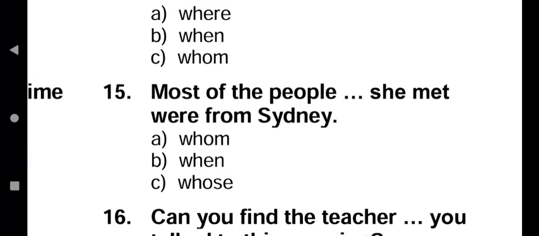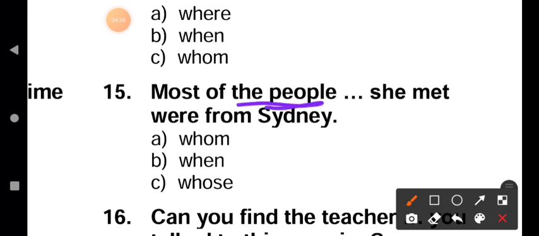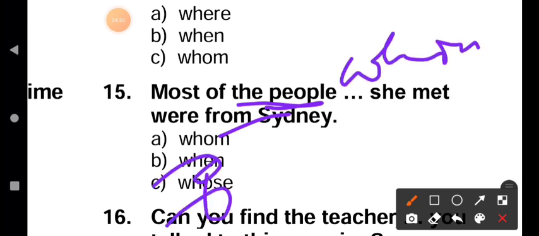And the 15th question, most of the people. Most of the people, we have to choose between subjective pronoun and objective pronoun. We should use the objective pronoun. Whose is possessive and when is time. Most of the people whom she met were from Sydney.